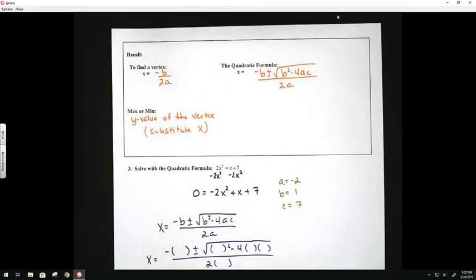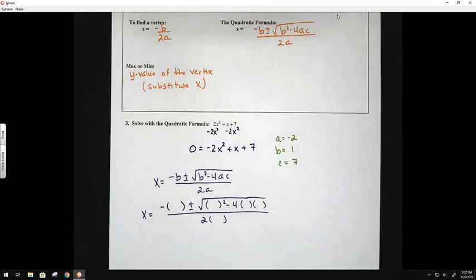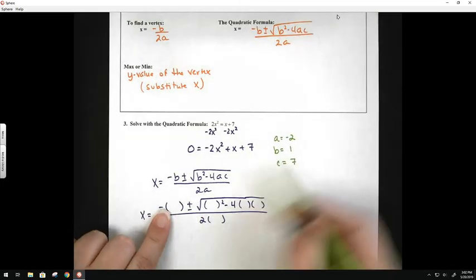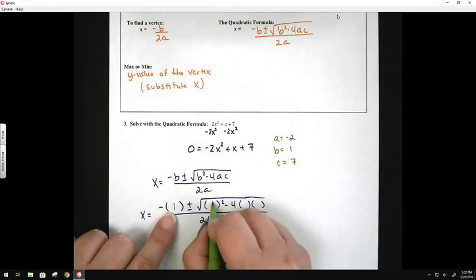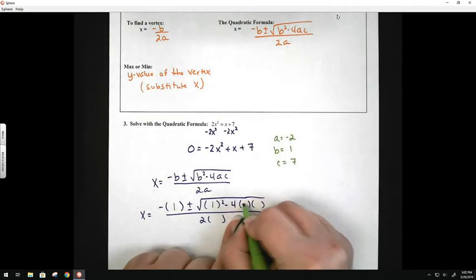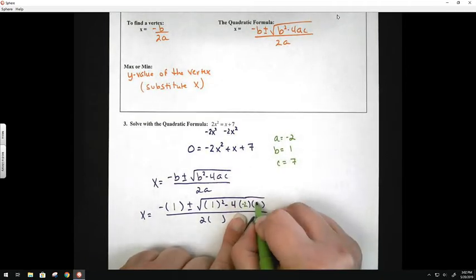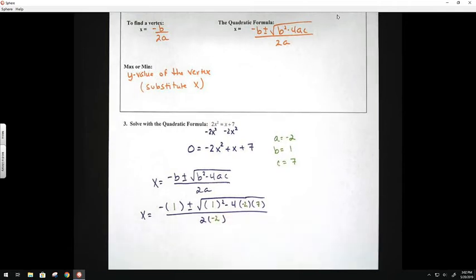You'll notice the second time I wrote it, I didn't write those letters, I just put parentheses. So now I'm going to go through and fill those in. So negative, my b value is 1. B squared, so 1 squared, minus 4a, which is negative 2, c, which is 7, all over 2a, which is negative 2. Now we need to do the simplifying part.